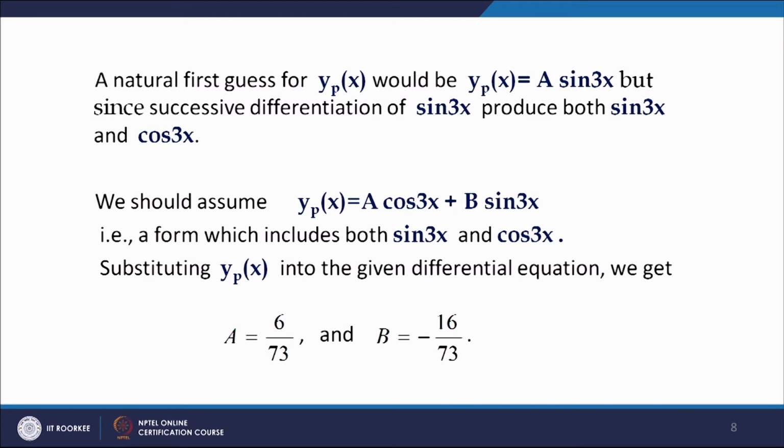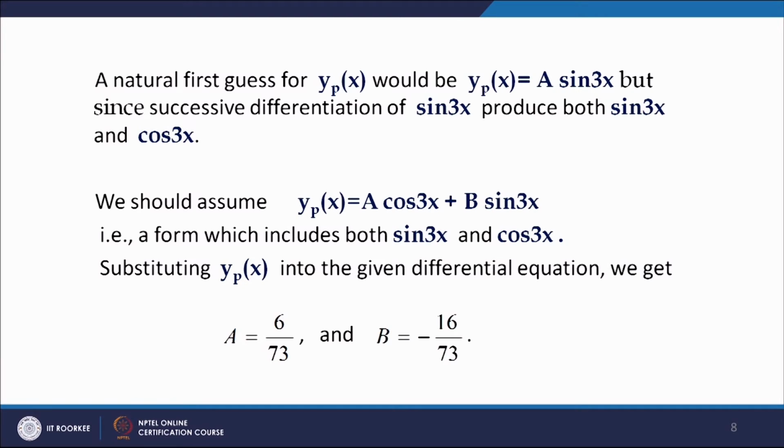So, differentiation of sin 3x produces both sin 3x and cos 3x, and therefore, what we should do is assume y_p(x) to be a linear combination of sin 3x and cos 3x functions. So, let us assume y_p(x) to be having both the functions, that is a cos 3x plus b sin 3x.